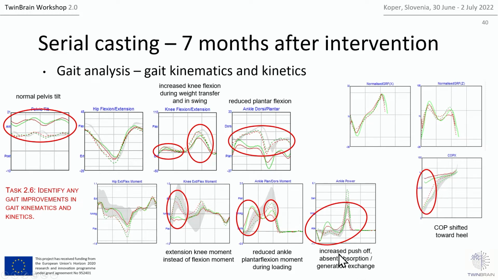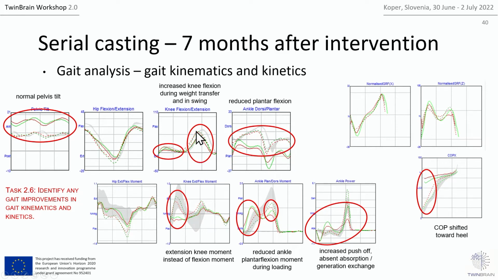What happens is that because of this, there is no longer an exchanging period of power absorption and generation needed in the ankle joint. There is no longer this excessive ankle plantar flexor moment here. The plantar flexor moment did increase somewhat here during the push-off. The range of movement in the ankle joint has shifted toward the normal values.